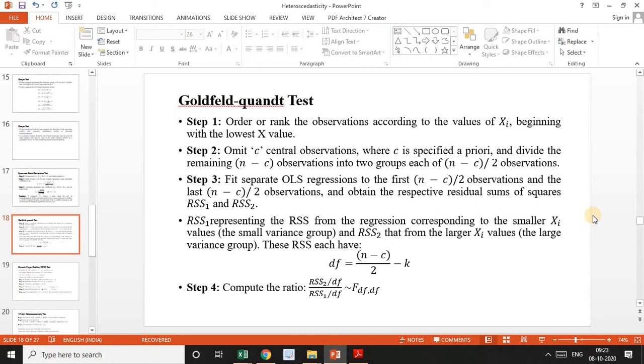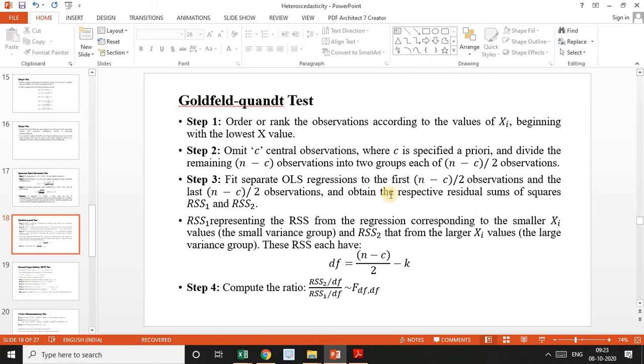First step is you have to order or rank the observations according to the values of xi's, beginning with the lowest x values. So you have to arrange the data from lowest to largest based on the values of your independent variable.